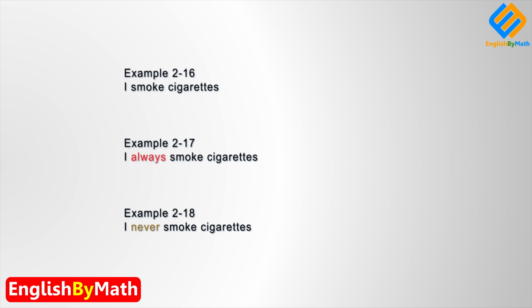I never smoke cigarettes. The word never in 218 is equal in strength to the word always, but in the negative sense. In other words, I never smoke cigarettes is equal to I always don't smoke cigarettes. The smoker in 218 hates the smell of cigarettes.